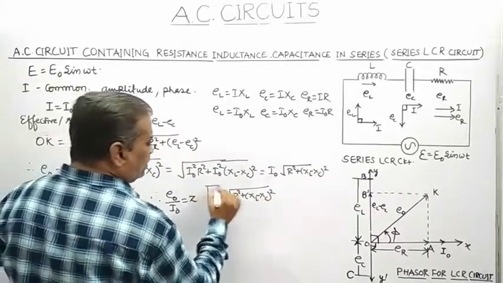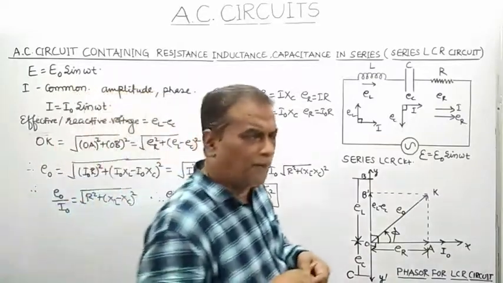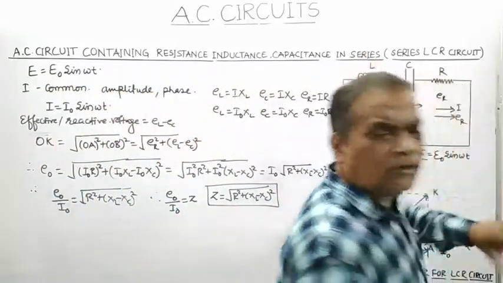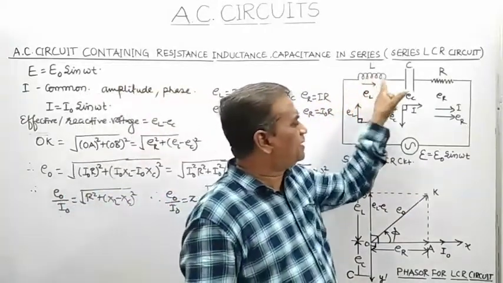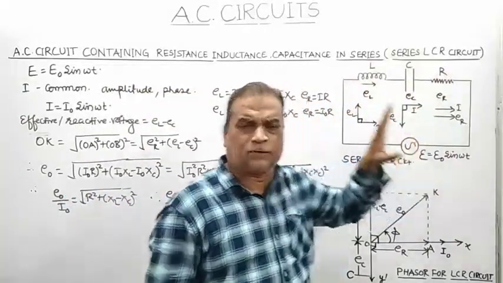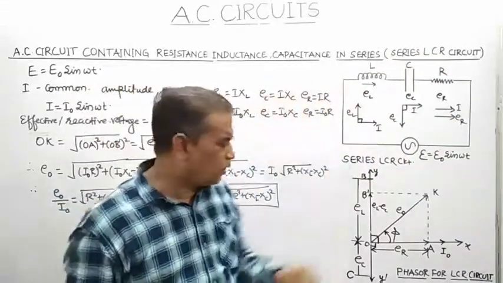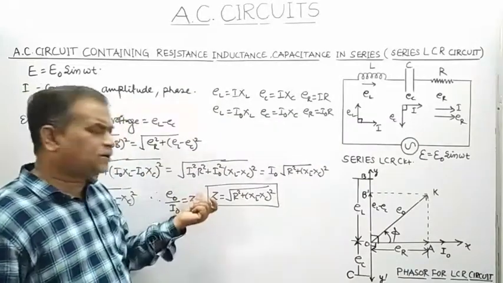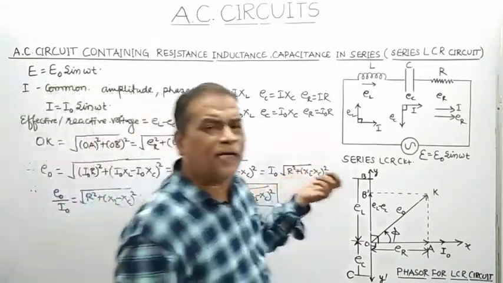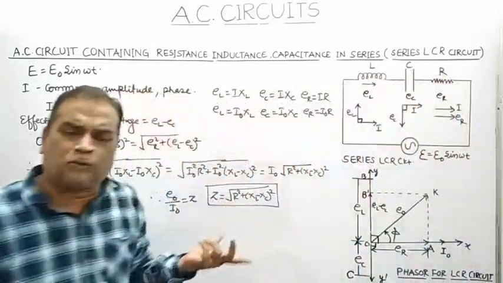This Z is called the total resistance offered by series combination of inductor, capacitor and resistance to the flow of alternating current through it, and it is called impedance. Dimensions of impedance are same as that of dimensions of resistance, means SI unit of impedance is also ohm.